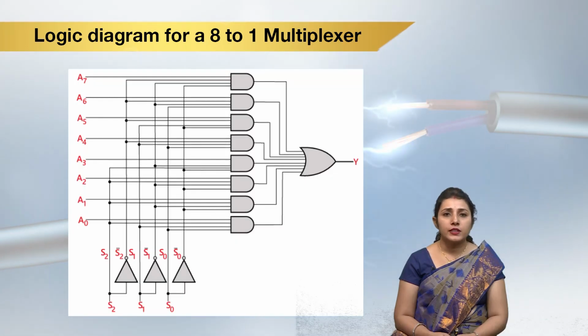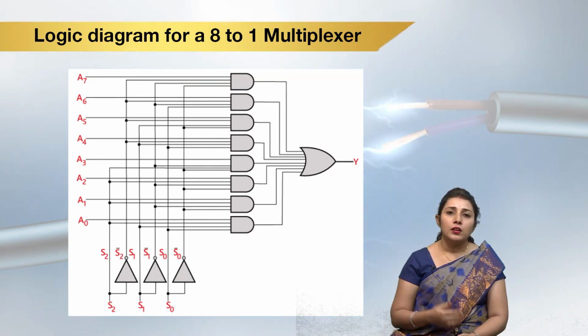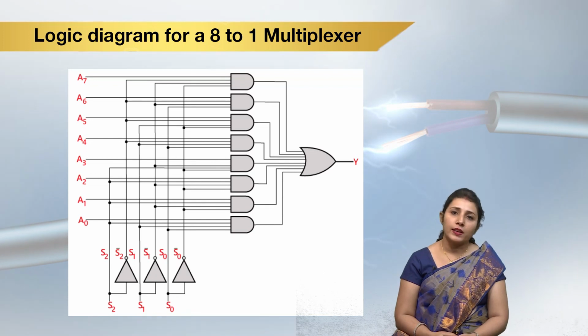This is the logic diagram for an 8:1 multiplexer. Here we can see the selection lines and the not of the selection lines, representing S2 and S2 bar, S1 and S1 bar, S0 and S0 bar.